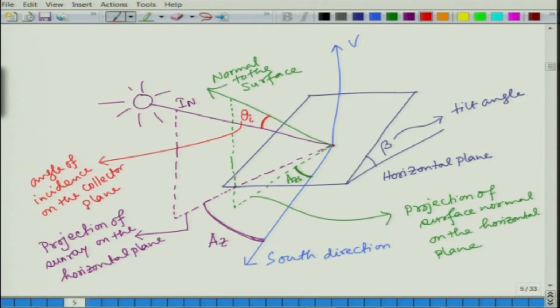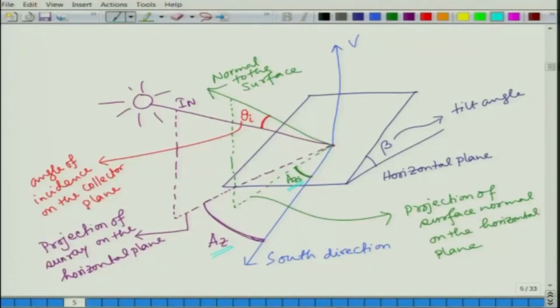Now both this angle and the solar azimuth angle are measured with respect to a single reference frame, which is global south. Global south means from wherever you are, you direct the vector towards the south pole of earth.